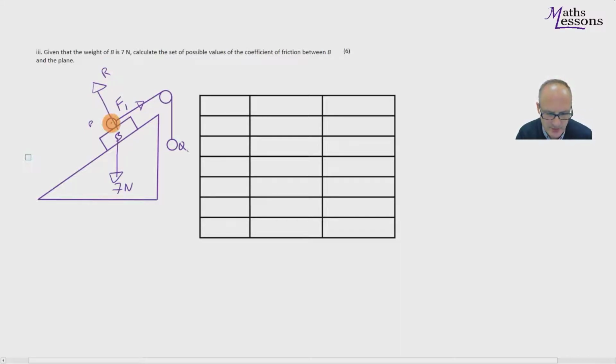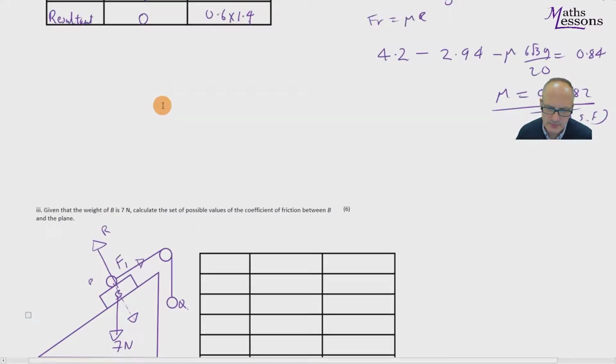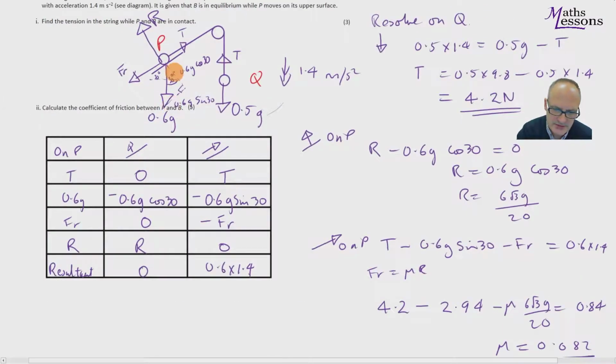Now, this particle P has weight acting downwards, but it only acts through the normal of B, only acts that way on B. So the amount of weight of P is only going to be this component, which, if we go back up to our diagram before, was 0.6 g cos 30.